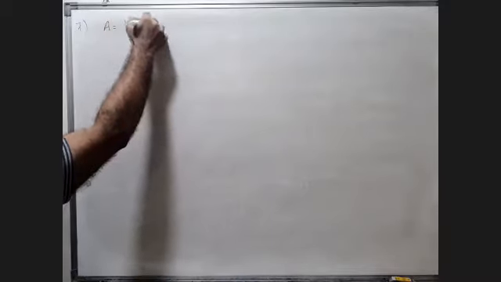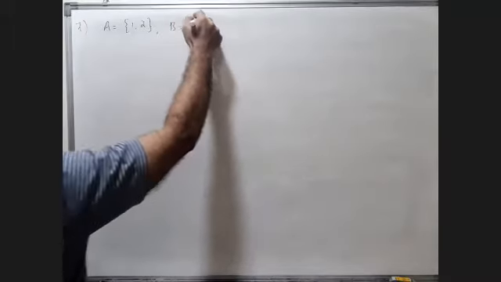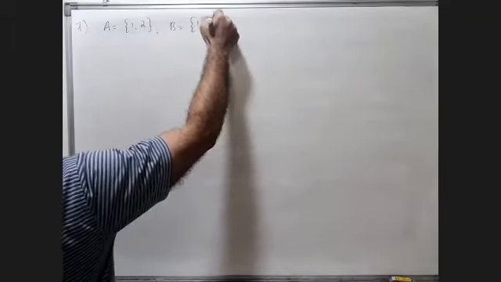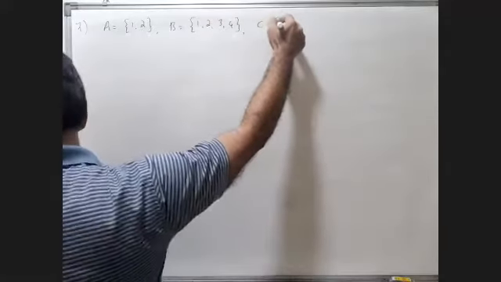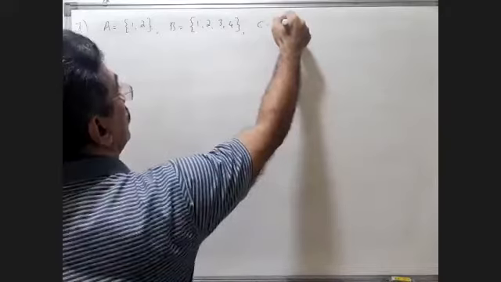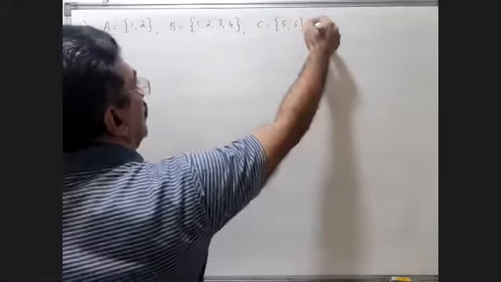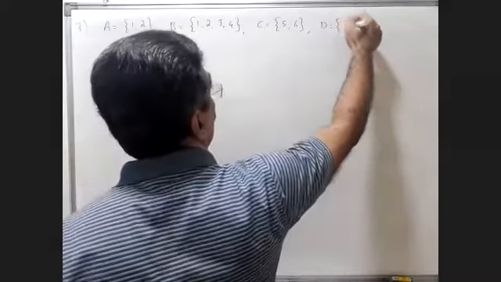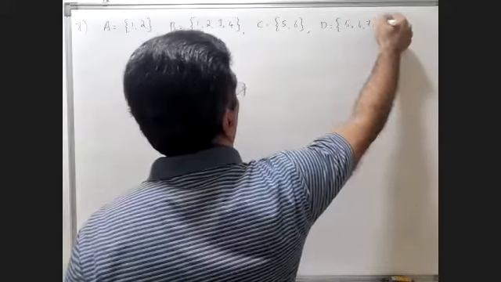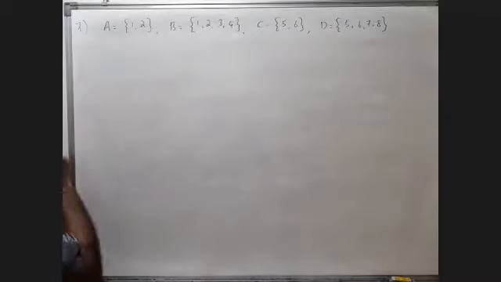A is the set {1, 2}. B is the set {1, 2, 3, 4}. C is {5, 6}. D is equal to {5, 6, 7}. Four sets are given. The question is to verify.